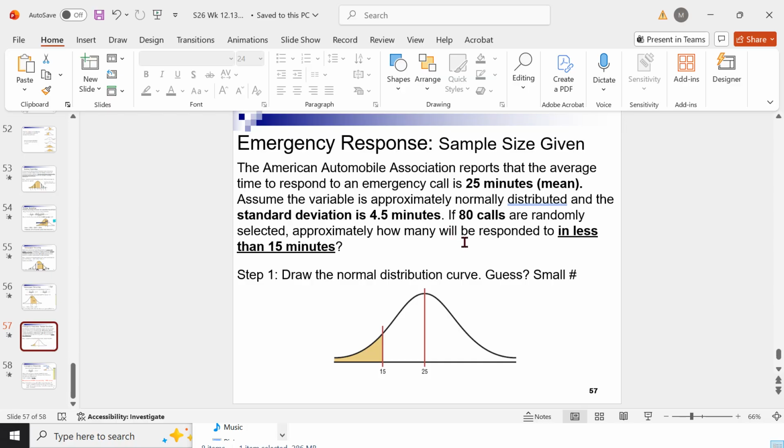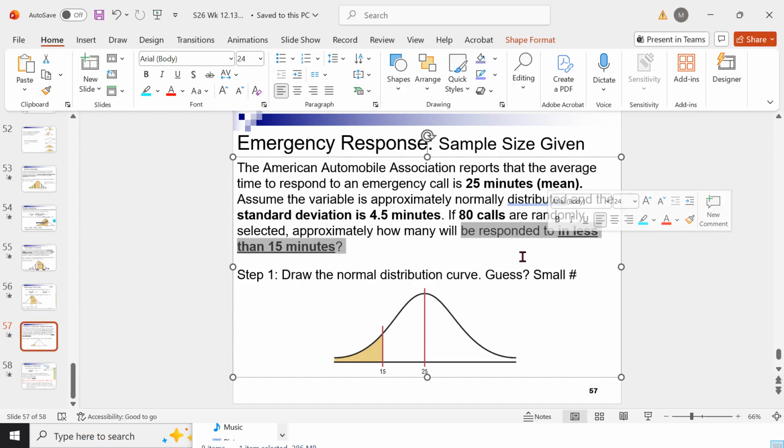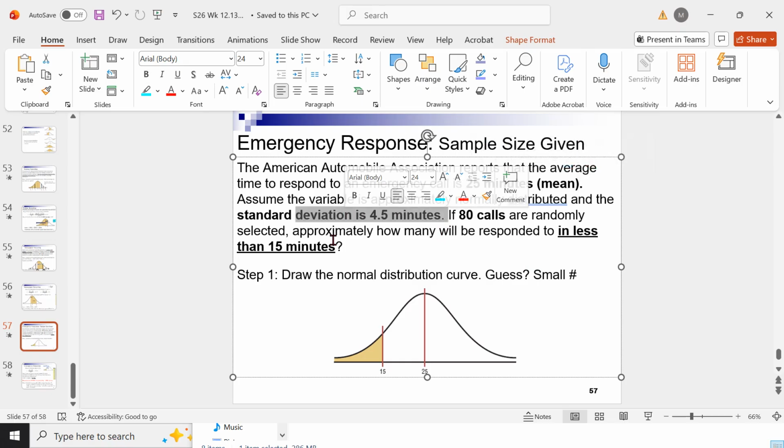If 80 calls are randomly selected, approximately how many calls will be responded to in less than 15 minutes? So there's our mean, there's our standard deviation, and we've got 80 calls here, and this is all in minutes, right? So we want to know if 80 calls are randomly selected, approximately how many will be responded to in less than 15 minutes, because the mean average time is 25.